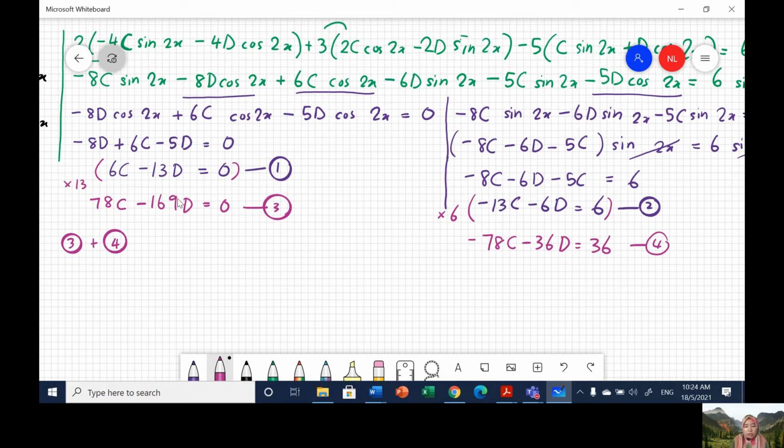Then we have negative 169D plus negative, so there will be negative 205D equal to 36, because 0 plus 36 is 36. So our D will be negative 36 over 205.